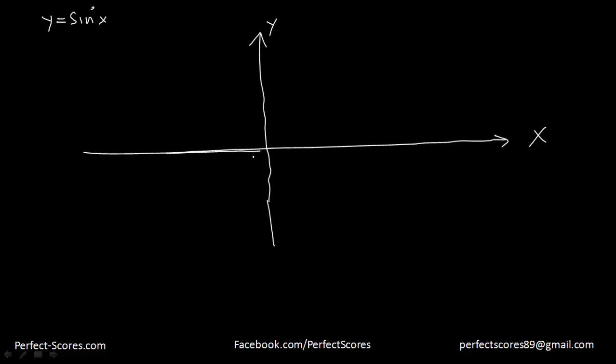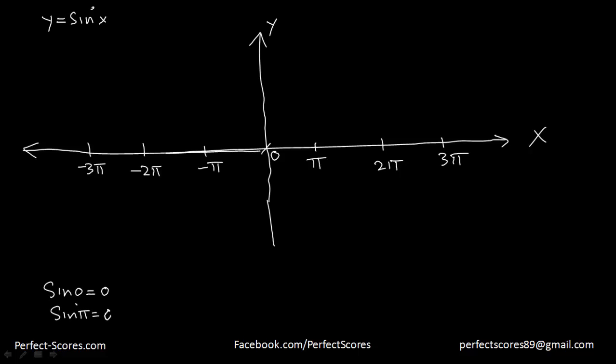This is 0, and we have this as pi, and this as negative pi, we have 2 pi and negative 2 pi, then 3 pi and negative 3 pi.